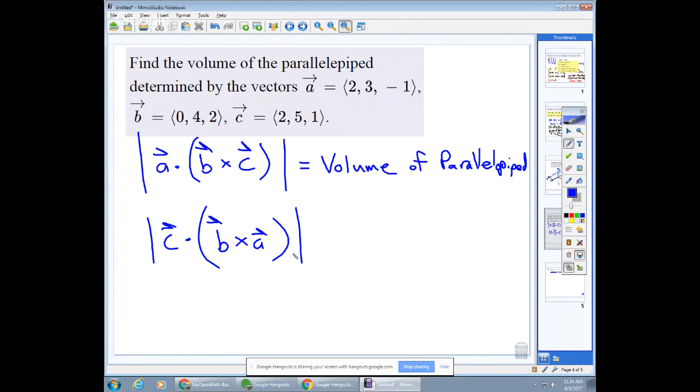Let me try to draw a picture of why. That should work out okay. So let's say that's one vector and that's the other vector. Maybe that's my BC right there. Based on BC, I can, oops, I wanted a different color. Let's go red. I can turn them into a parallelogram, right?